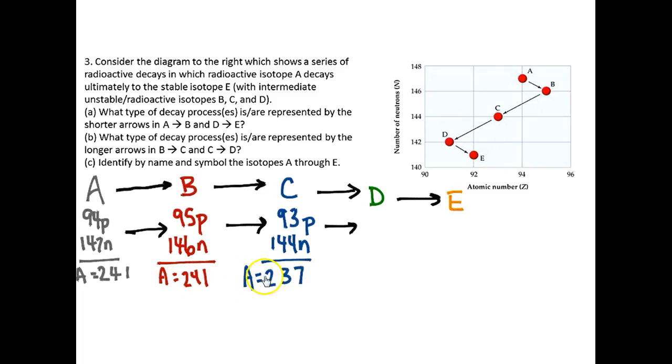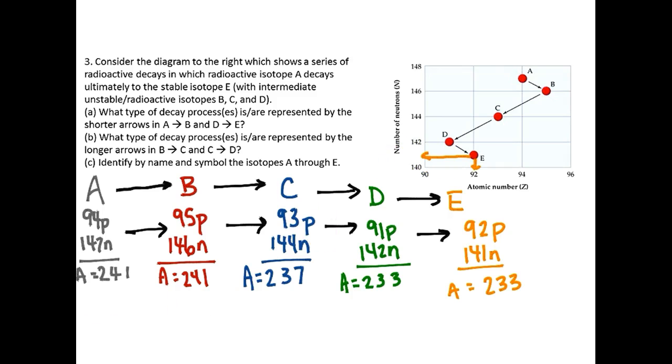And down here, I'm just adding them up to figure out the mass number because that's an important part of the symbol, which is what we're going to do in part C. And then in part D, isotope D has 91 protons and 142 neutrons. You add those up, you get 233. E has 92 protons and 141 neutrons, which you can add together and get 233.